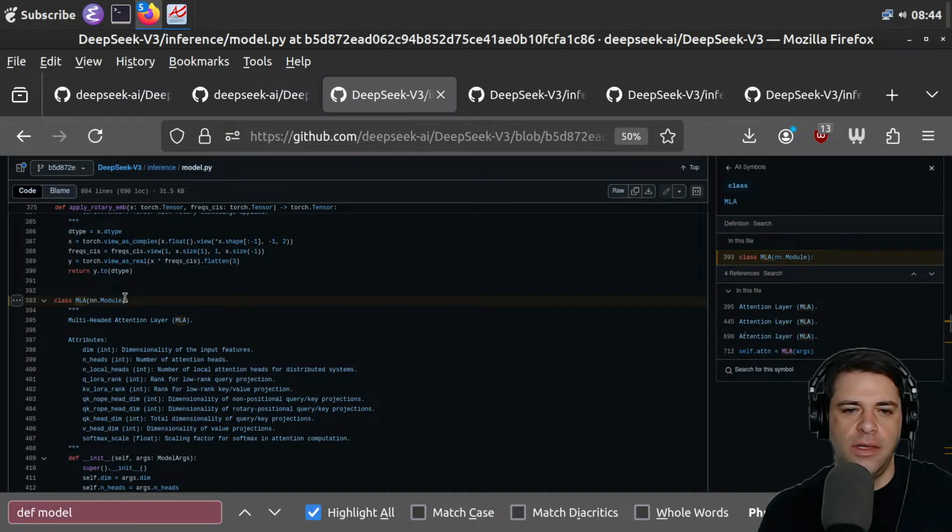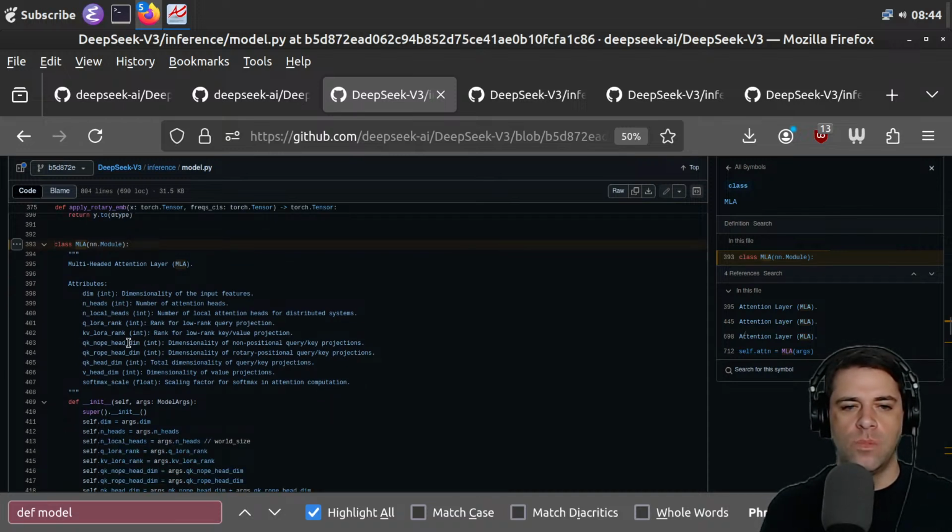Here's class MLA. This is the caching key value store attention thingy. We have different dimensions like the QK rope head dimension, some LoRa rank stuff, rank for low rank key value projection, rank for low rank query projection. So these are different ranks. The number of local heads for a distributed system.